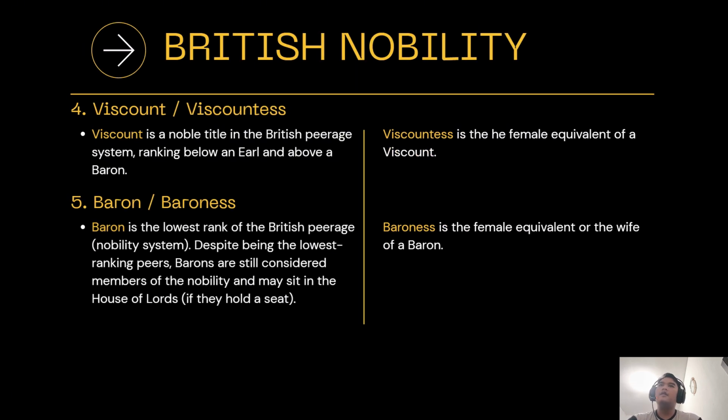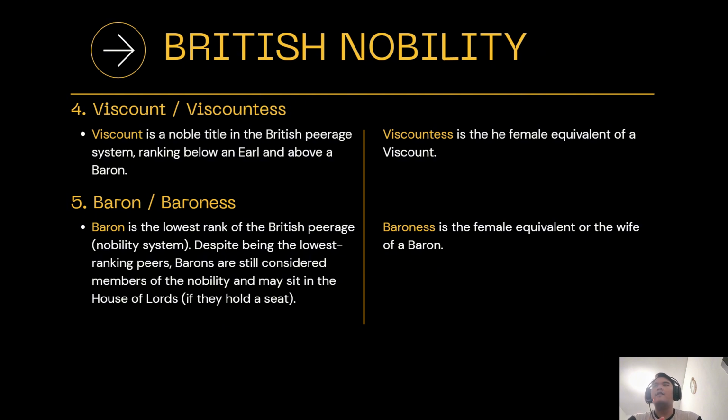And then in the lower rank is Viscount and Viscountess. Viscount is a noble title in the British peerage system, ranking below an earl and above a baron. Meanwhile, Viscountess is the female equivalent of a viscount. And then in the last rank, there is Baron and Baroness.